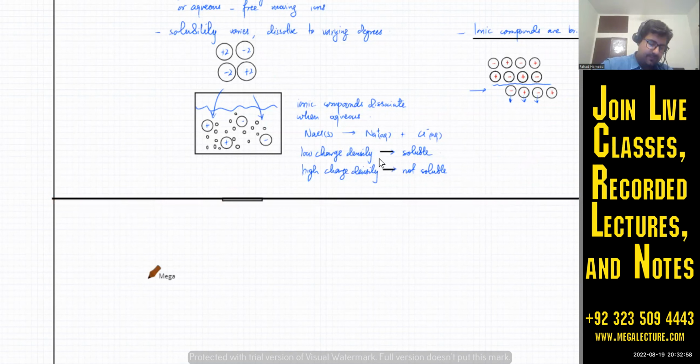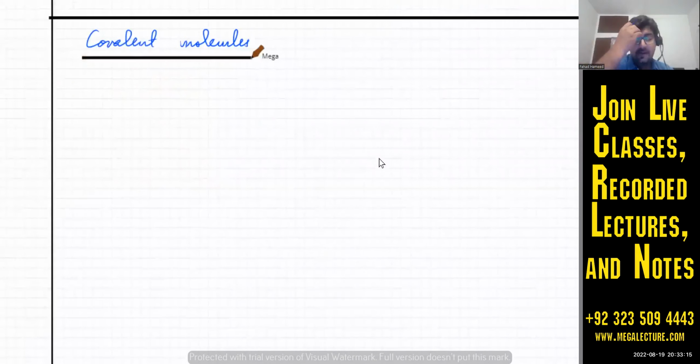Covalent molecules. Now what happens is you've got different types of covalent molecules.